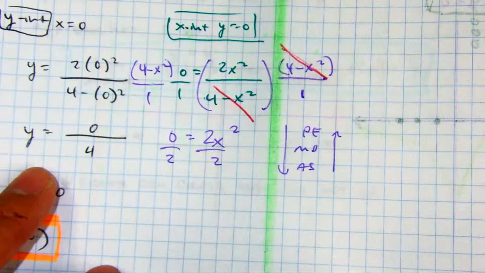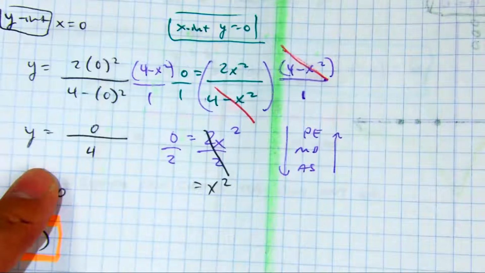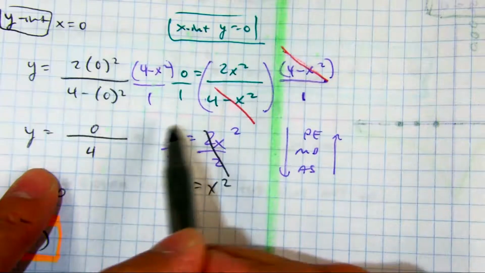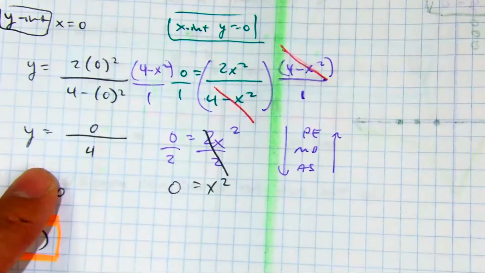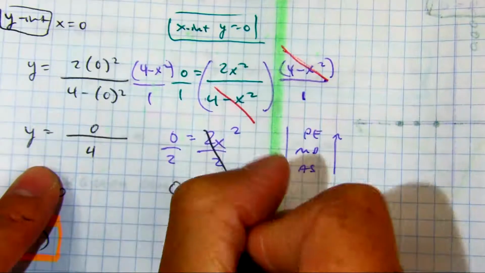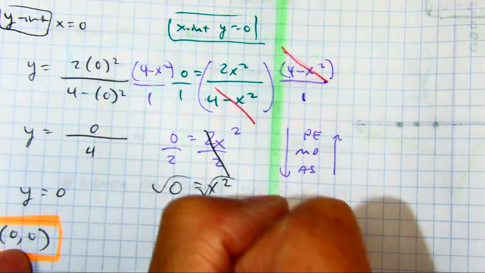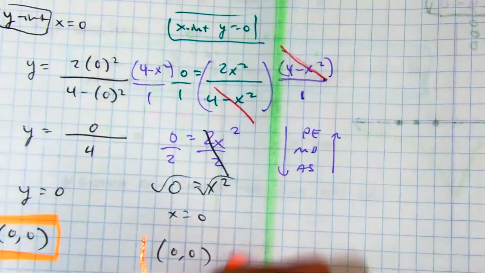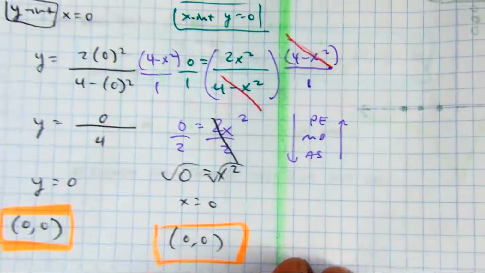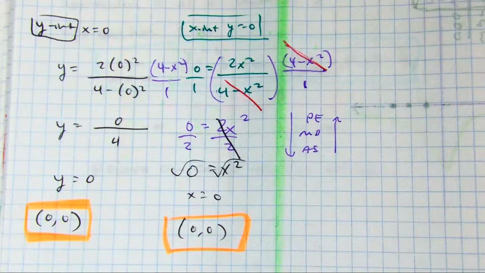Yes. Zero undefined? Correct. Okay, now what? Correct. Take the square root and you get x equals 0. So our ordered pair is 0, 0. Raise your hand if you got those. Alright, do we have enough puzzle pieces yet? Let's try to graph it.